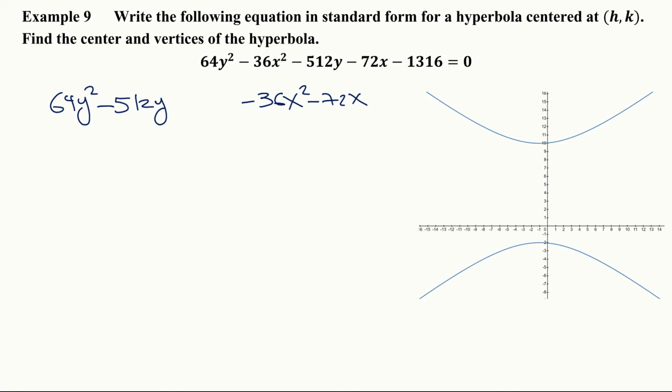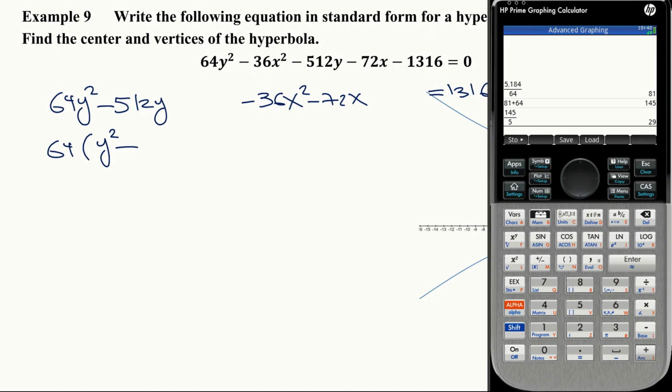And let's go ahead and move that number to the other side. So 13, 16. All right, so let's go ahead and factor out the 64. That leaves us y squared minus 8y.